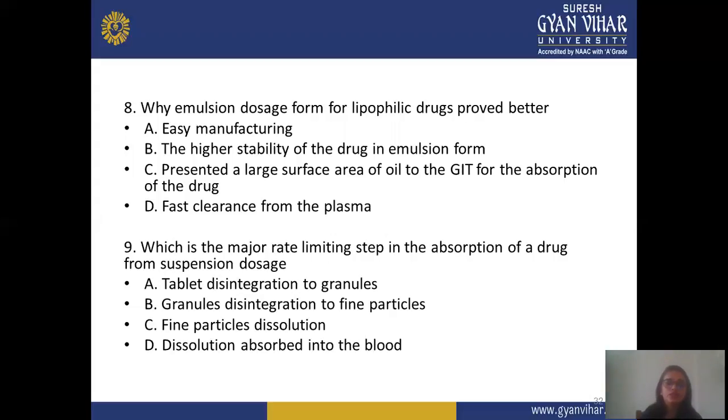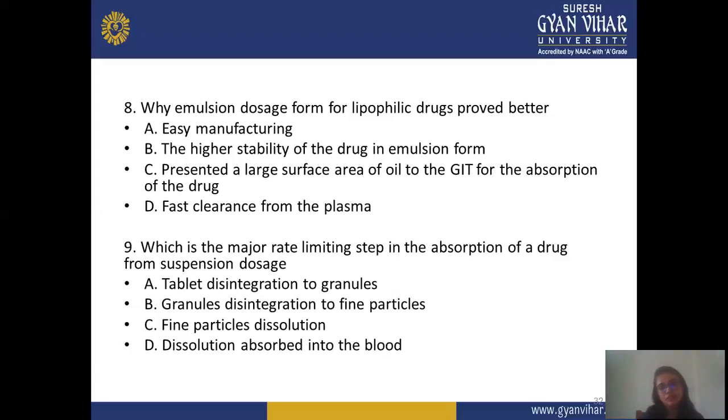Next, ninth question: which is the major rate limiting step in absorption of the drug from a suspension dosage form? In this, you select which step matters most for absorption in a suspension dosage form. First is tablet disintegration to granules, tablets converted into small particles or granules. B is granule disintegration to fine particles, granules getting converted into more fine, small particles.